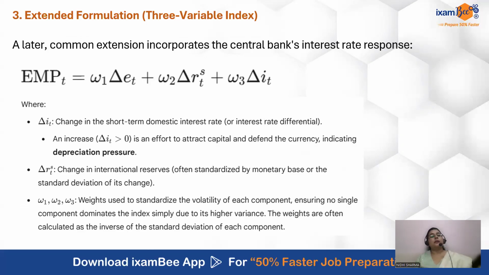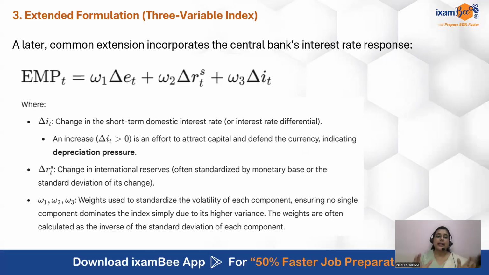Okay. Now, many people find that particular formulation to be difficult. So there is another extended formulation which you can definitely remember for your exam and which is somewhere, I would say, easier. A common extension incorporates the central bank's interest rate response as well, where EMP_t is equal to W1 delta e_t plus W2 delta R_t to the power s plus W3 delta i_t.